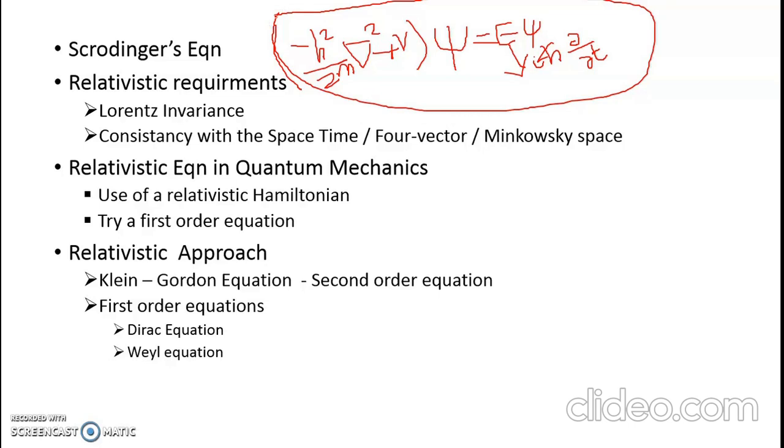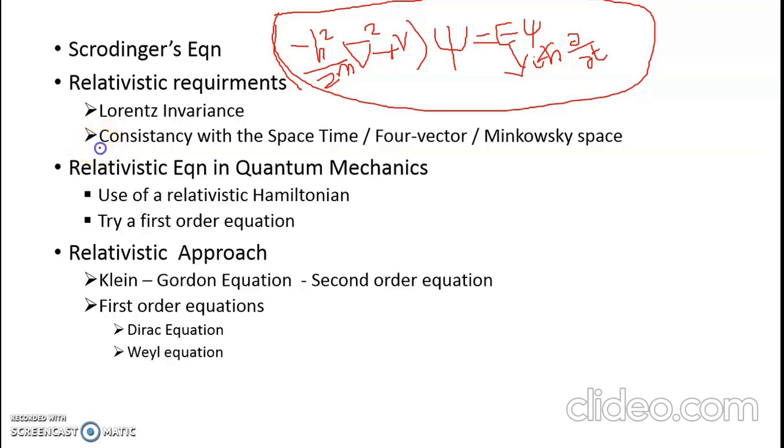However, we will be talking about such submicroscopic particles that often have a velocity close to the velocity of light in free space as far as quantum mechanics is concerned. So we always require an equation that satisfies the relativistic condition.